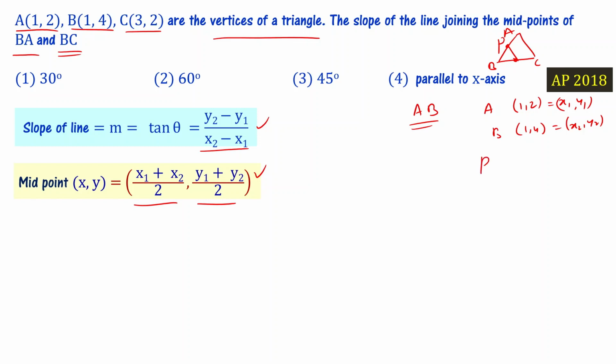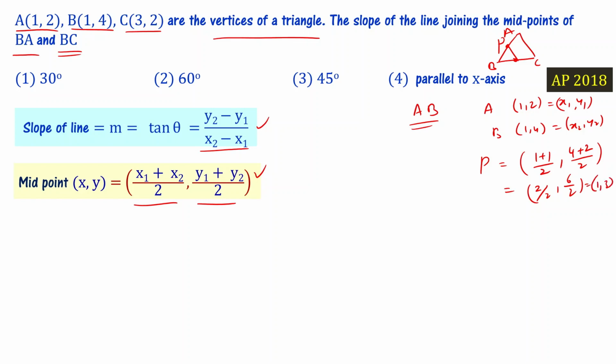ఏబికి మిడ్ పాయింట్ కనుక p అనుకుంటాను నేను. p is now defined as x1 plus x2 divided by 2, y1 plus y2 divided by 2, right? This is going to be 2 by 2, 6 by 2. This is 1, 3.